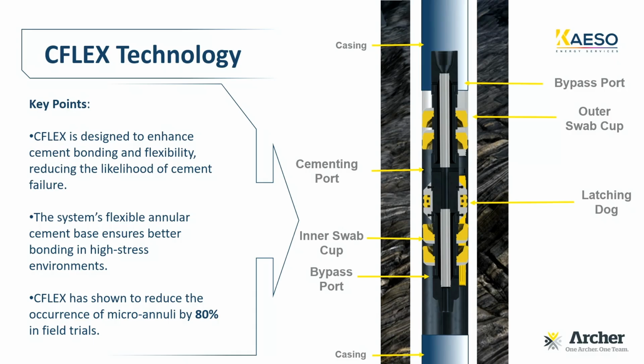The swab cups are the yellow shapes that you see at the top and at the bottom. And what those swab cups do is, when we push the cement through the middle of the casing, they will make sure that the cement will be directed to the port and therefore going to the annulus.